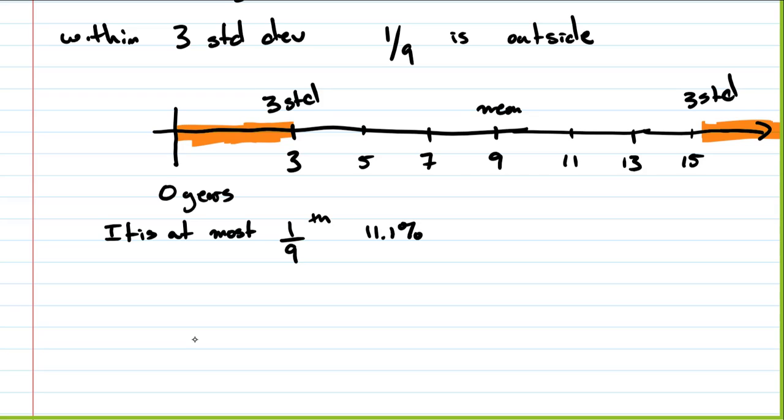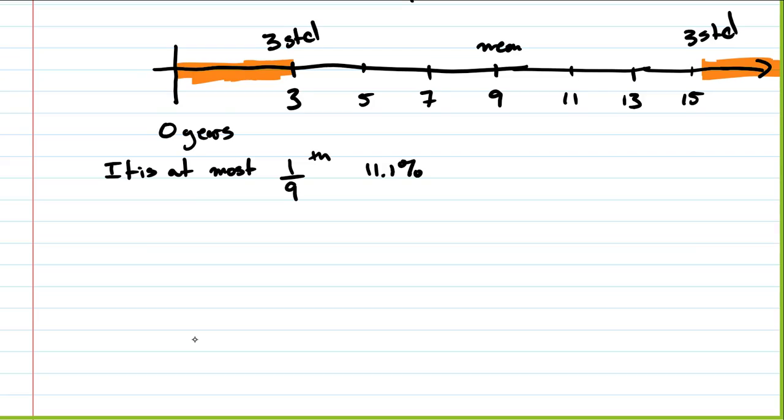It's probably less than that, but we can't say because we don't know anything about the distribution. We know that this part right here plus this part right here in orange has to add up to 1/9. It could be all the defective batteries were between 0 and 3, and none of them last more than 15 years. But we don't know, right? So the best we can say is that it is at most 1/9, or 11.1%, will last less than 3 years.